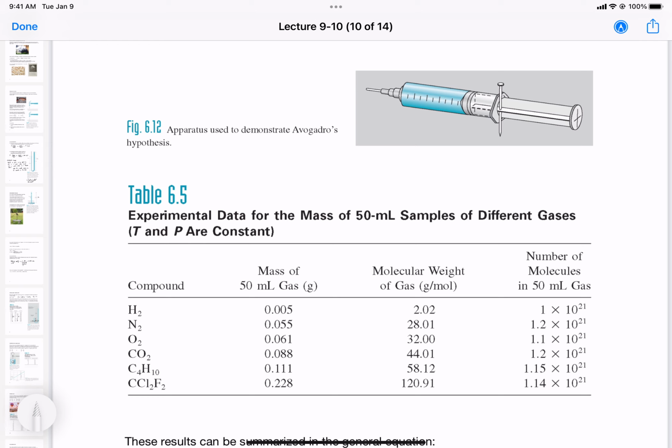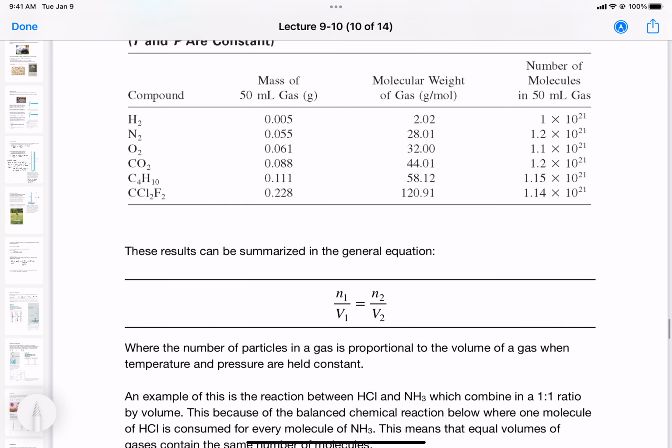So this proved that the number of molecules in a gas is proportional to the volume. If you have more volume of a gas, you're going to have more molecules. And this is how we can think about representing chemical reactions, not only in terms of moles or molecules, but also volumes, when we're talking about gases.